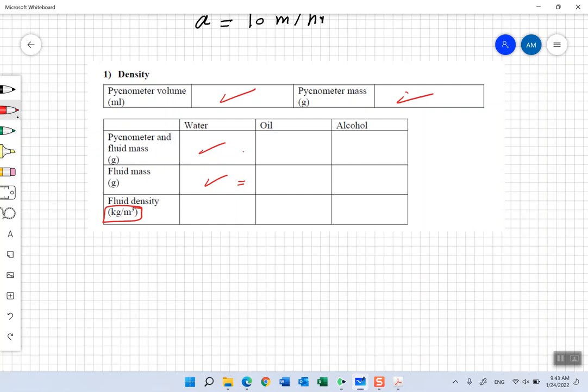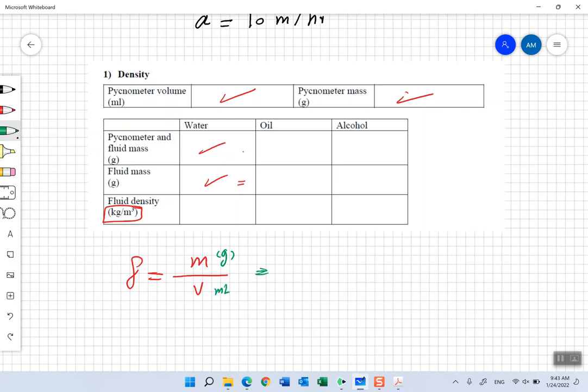So let's see. The density rho equals the mass over volume, and the units of the mass here is grams, right? While the volume of the flow of the pycnometer is in milliliter.